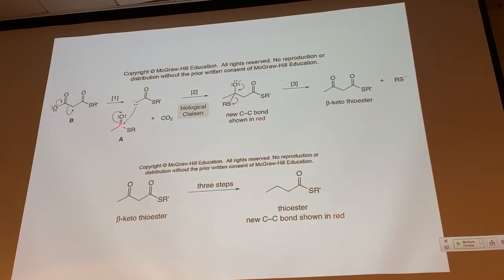Okay? So we know that 1,3-dicarbonyl compounds, if it's a carboxylic acid or a carboxylate in this case, can undergo decarboxylation. That requires heat beyond the temperatures that are available in living organisms. However, this can be catalyzed by enzymes.